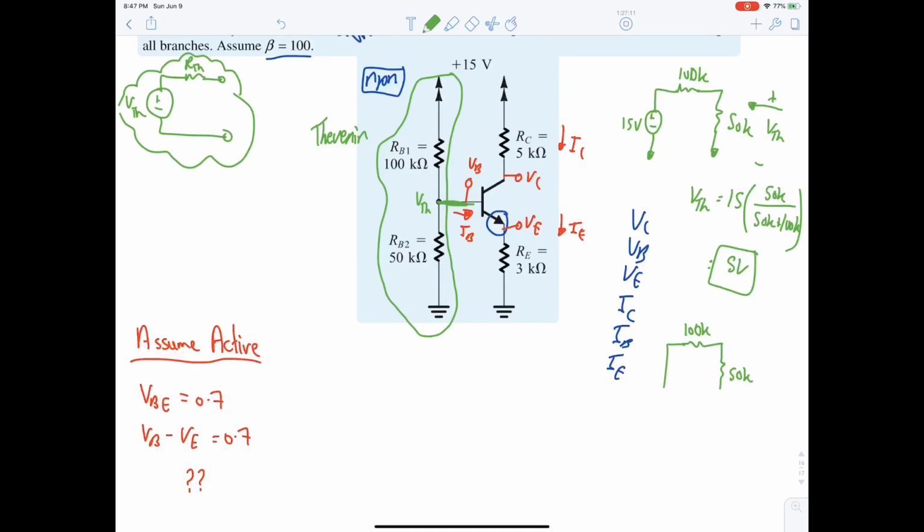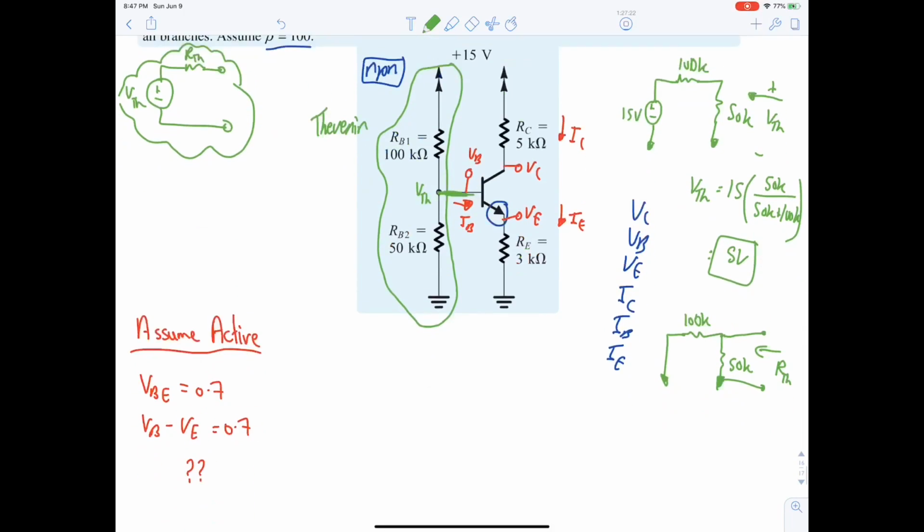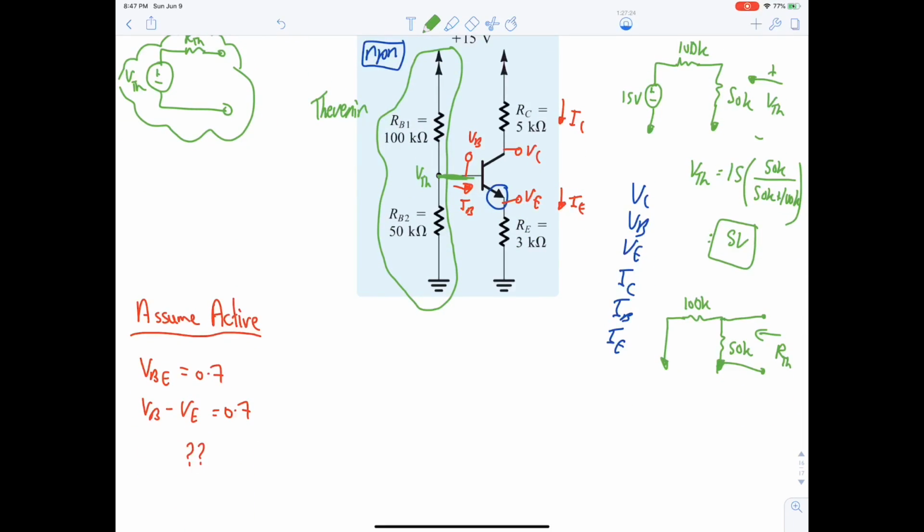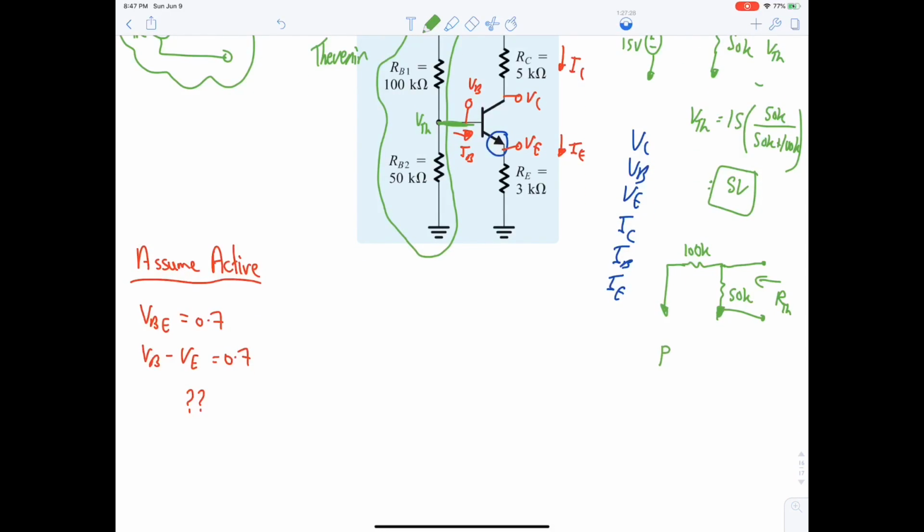Now the two resistors, 100K and 50K, are in parallel. If you are confused, just memorize: to find VThevenin, do a voltage division, and to find RThevenin, the two resistors are in parallel. So here it will be 33.3K.